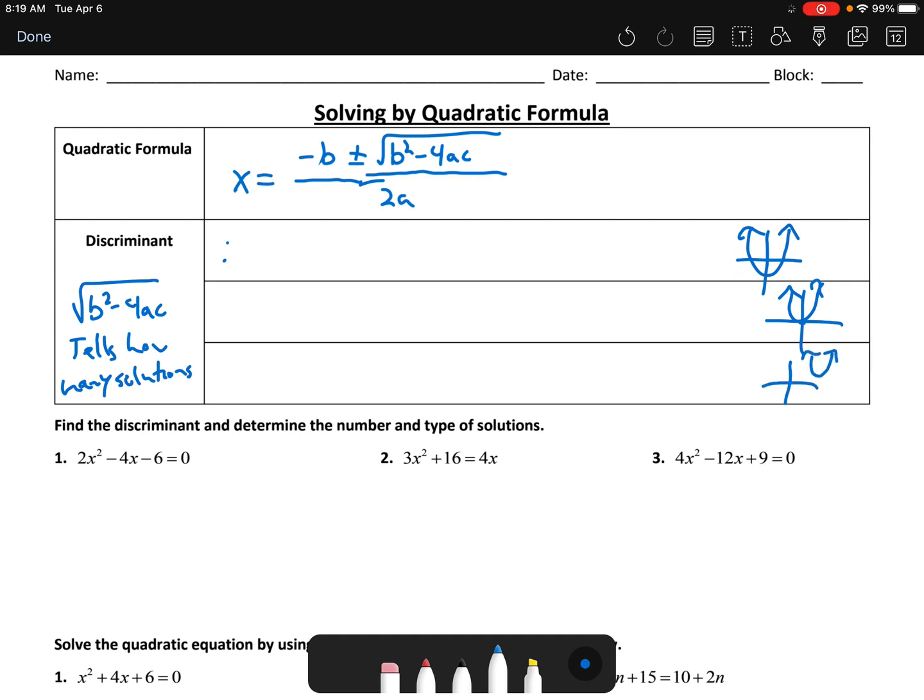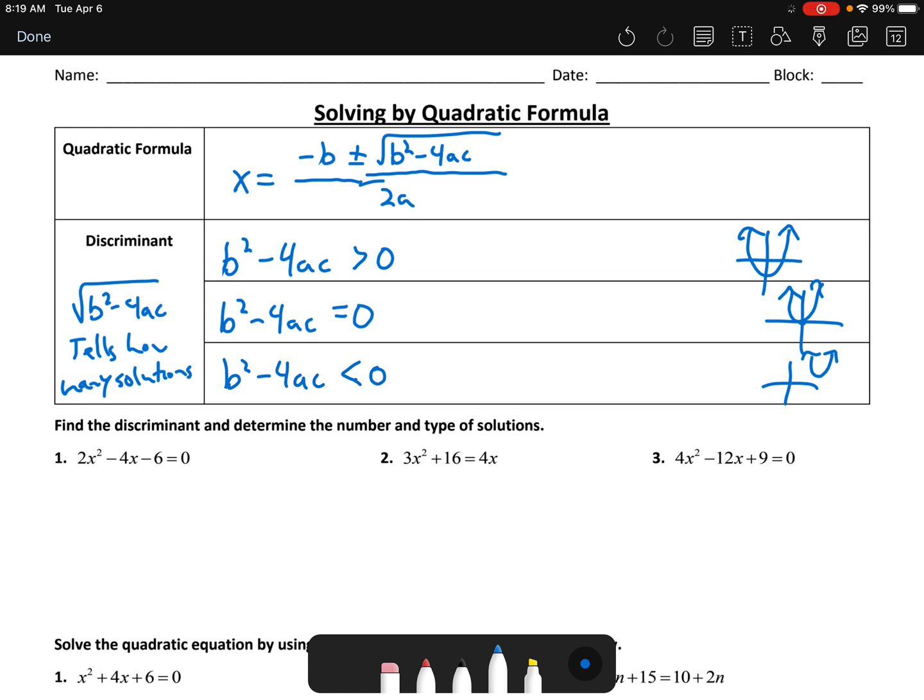So if b squared minus 4ac is greater than 0, it's going to be 2. If b squared minus 4ac is equal to 0, it's going to be 1. And if b squared minus 4ac is negative or less than 0, then it doesn't have a real solution. They're imaginary solutions, which we don't know what those are yet.